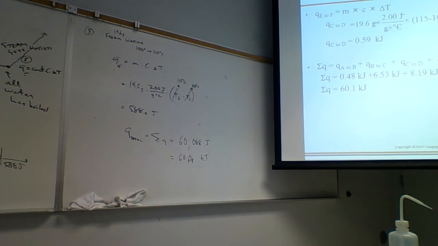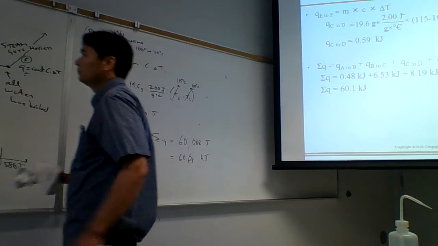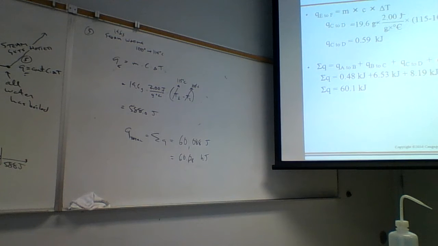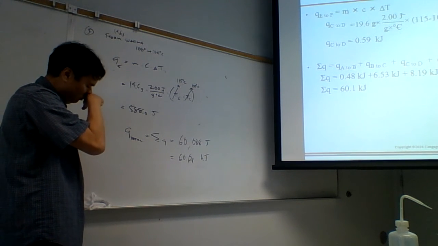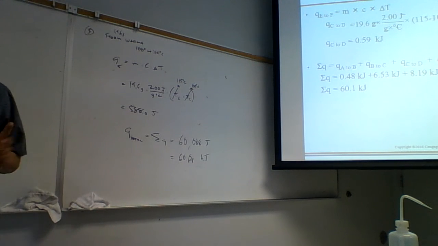All right, this is the end of chapter 15, but let me just do a quick summary. When we heat an object, usually you just get more kinetic energy, vibrations, this type of stuff.